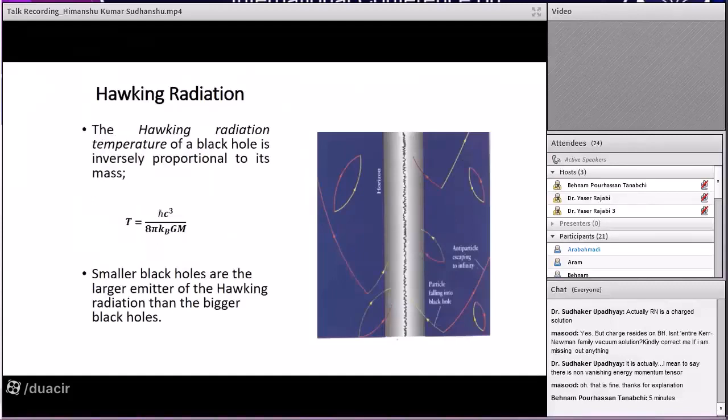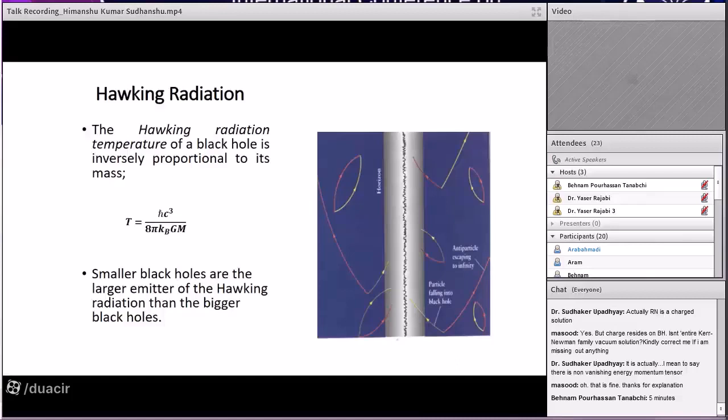Hawking has proposed that the radiation temperature of a black hole is inversely proportional to its mass and is given by this relation. So, smaller black holes are larger emitters of Hawking radiation than bigger ones.